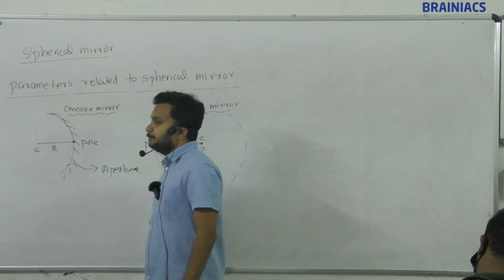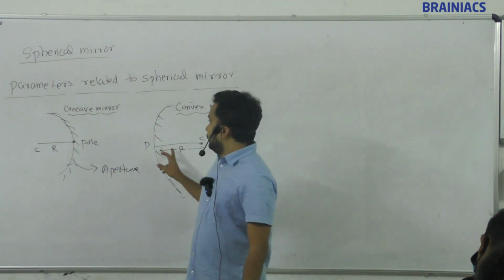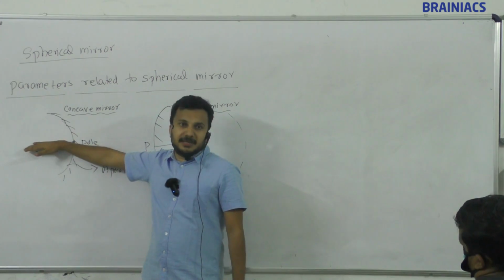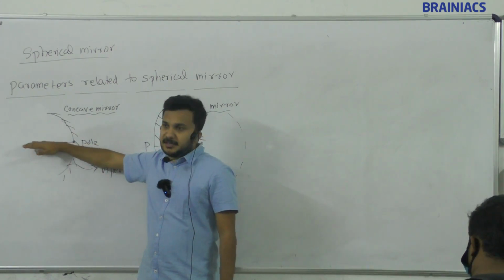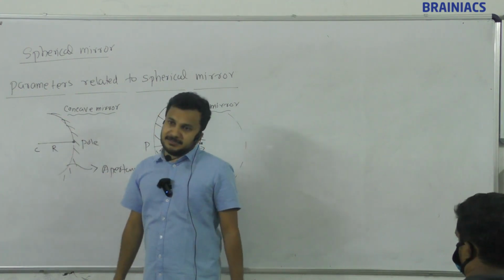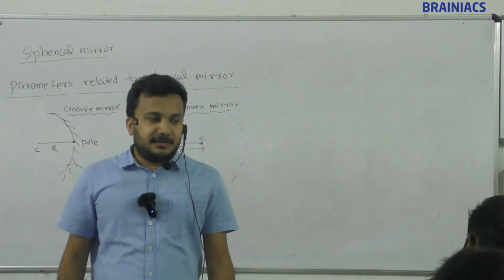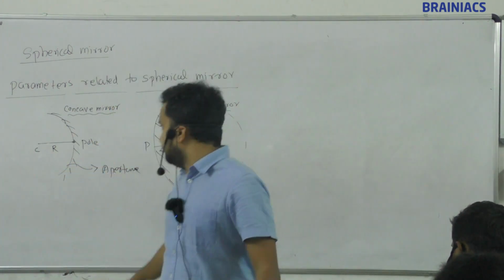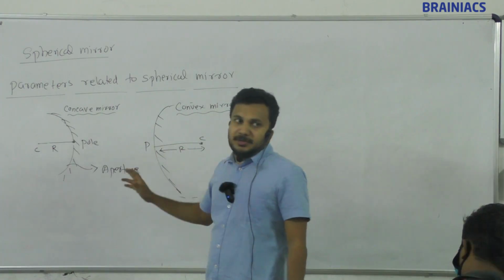Then the next point, this line, which we are drawing from center of curvature to pole, is called principal axis. Please mark it in the diagram also.